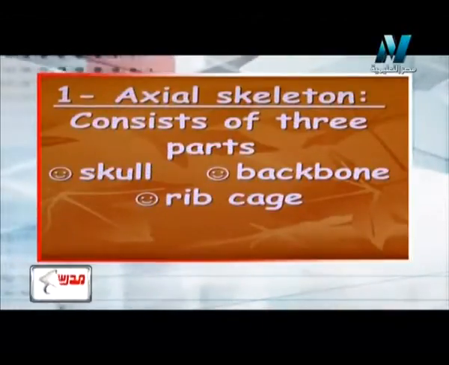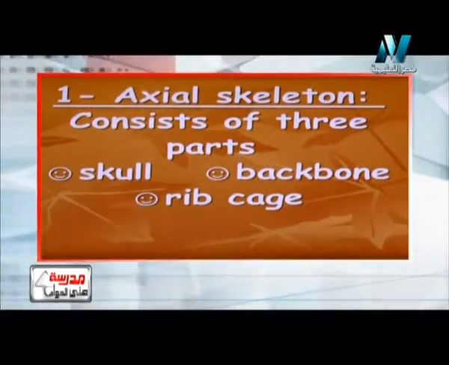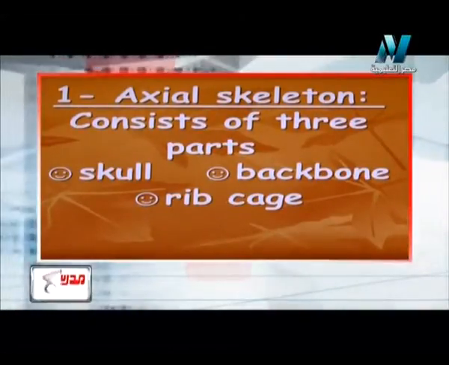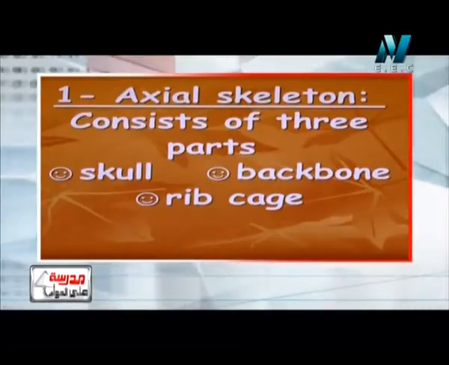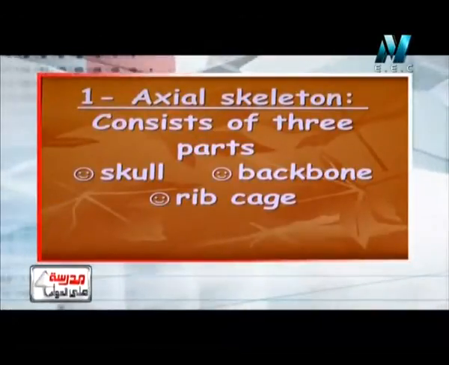Okay? So now we can say that the axial skeleton consists of three parts, which are the skull, the backbone and the rib cage. Again, we said that the skeletal system consists of two main parts: the axial skeleton and the appendicular skeleton.